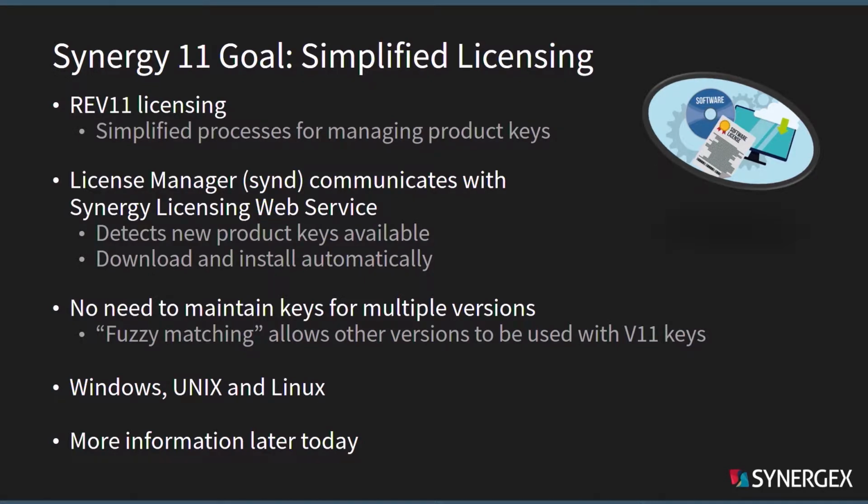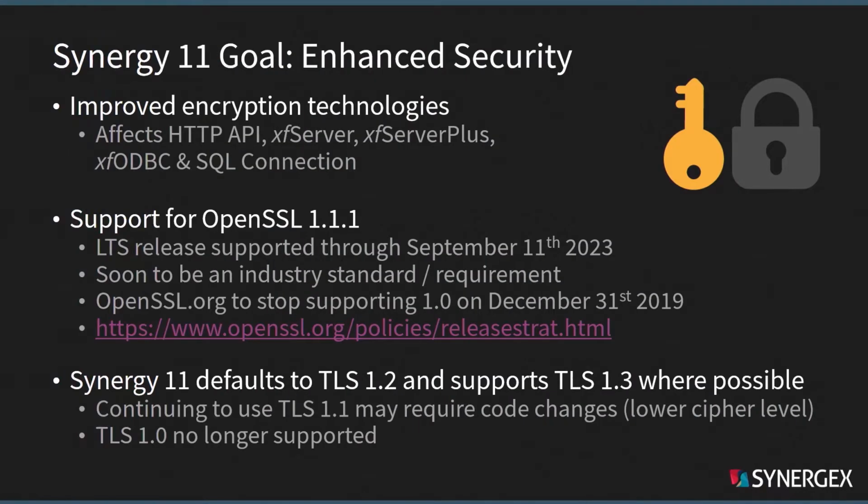So you don't necessarily have to have version 9 licenses and version 10 licenses and version 11 licenses to run different parts of your system or different applications. The fact that you've got a Synergy 11 license and you've got a current agreement with us and you have the right to use that, you also have the right to use all those other versions, and that key will enable that. As I mentioned, this is available on Windows, Linux, and Unix, and we'll be going into much more detail later in the day.